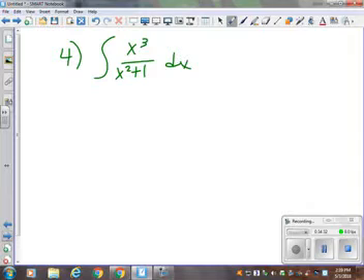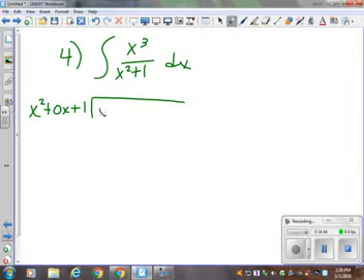So x squared plus 0 x's plus 1 divides into x cubed plus 0x squared plus 0x's plus 0. I know that seems a little silly, but it helps line things up for you.